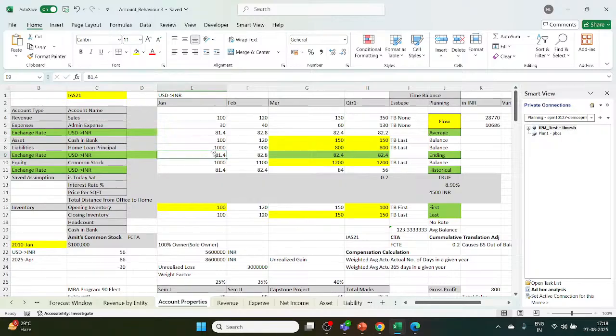Here the liability, home loan principal. In home loan principal you can see 1900 and 800. So once we choose the balance property here, the 800 will come under this quarter.